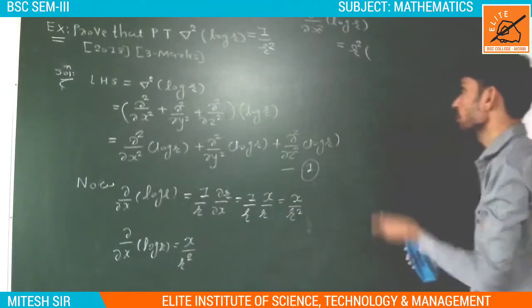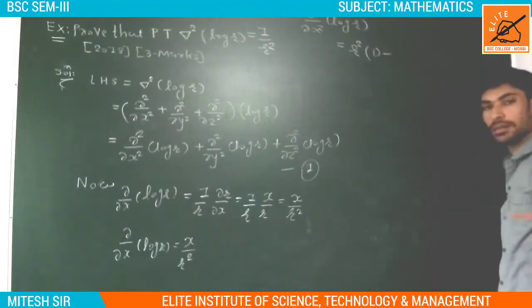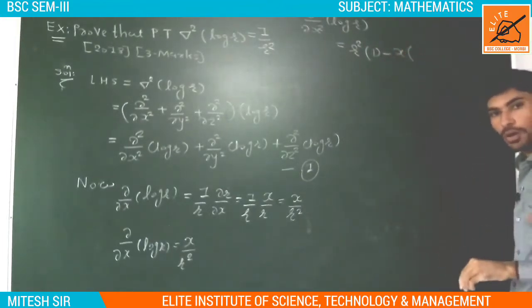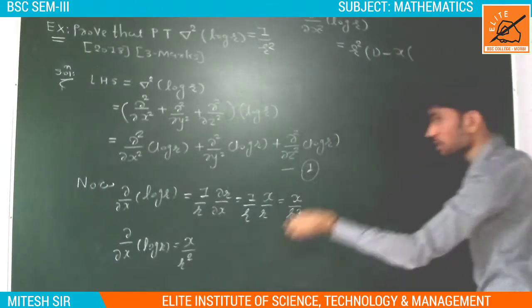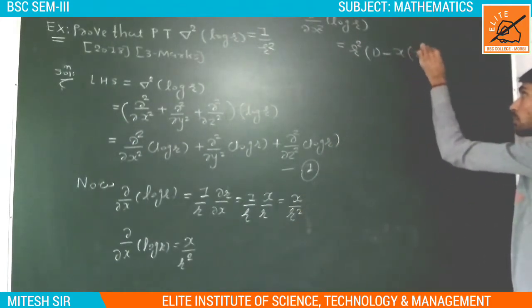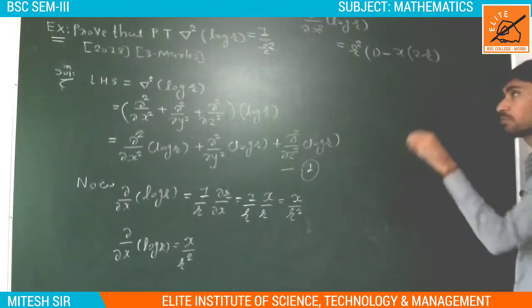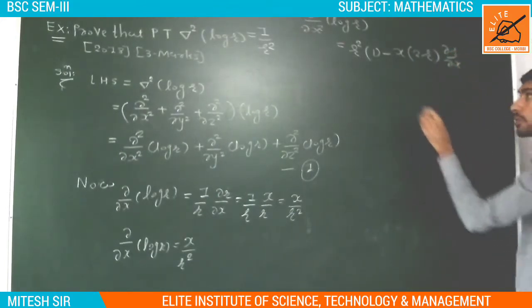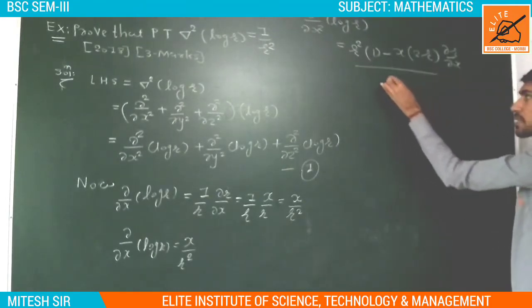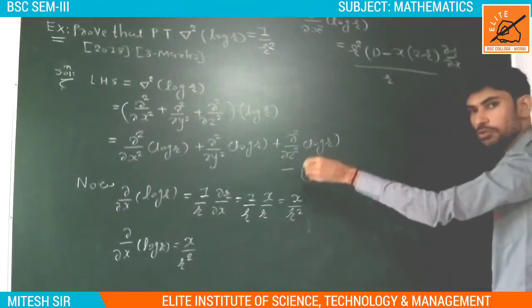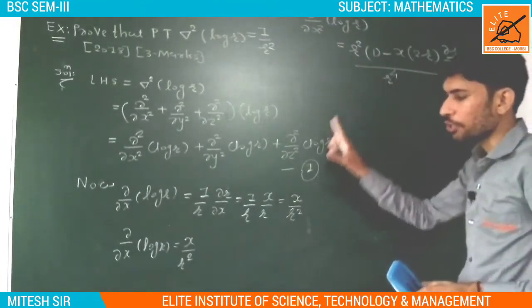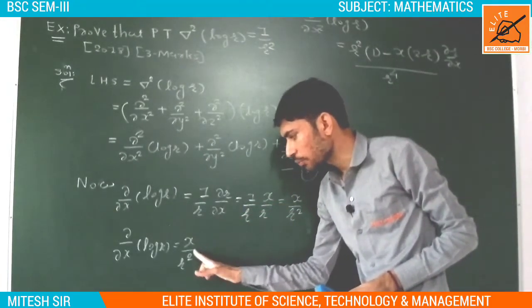The derivative of x is 1, minus the numerator, that is x as it is, and the derivative of the denominator. In the denominator is r square, so the derivative of r square will be 2r, and next to it comes del r by del x. As we know, in the denominator we take the square of the denominator, that is r square squared, which becomes r raised to 4. I explain one more time. Now we are doing the partial derivative of x upon r square.